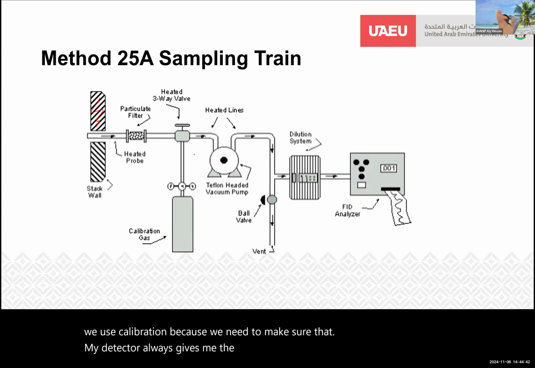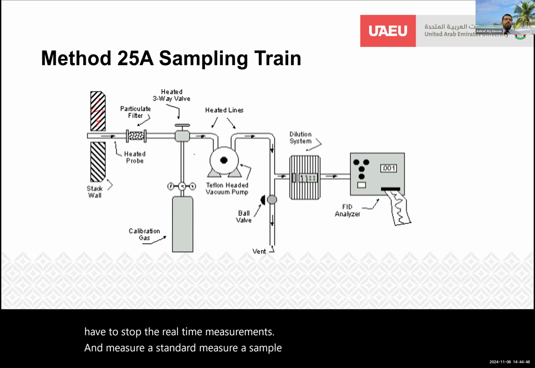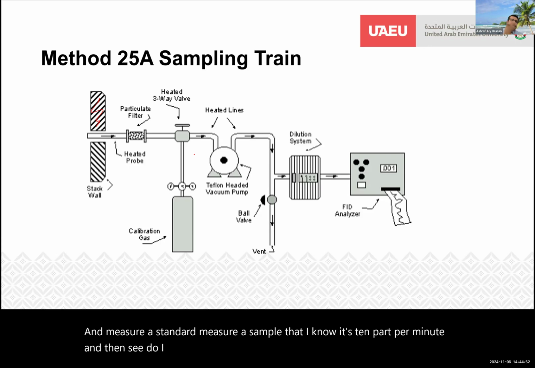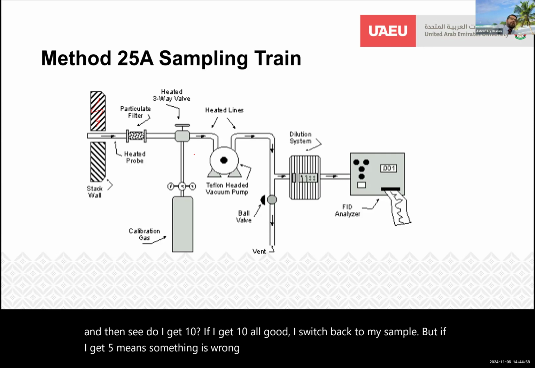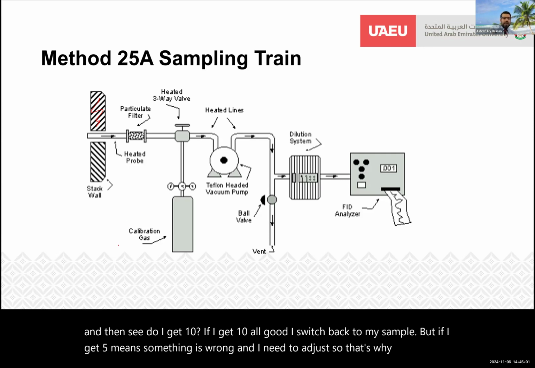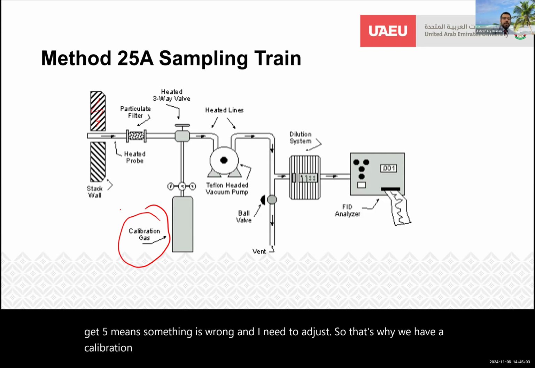So every now and then I have to stop the real-time measurements and measure a standard, a sample that I know is 10 parts per million, and see, do I get 10? If I get 10, all good, I switch back to my sample. But if I get 5, it means something is wrong and I need to adjust. So that's why we have a calibration gas right there.